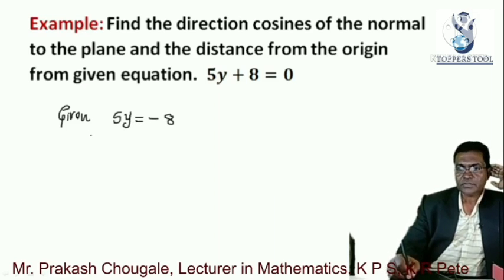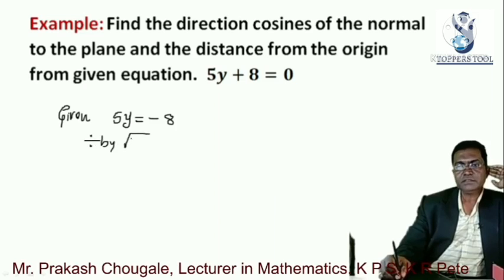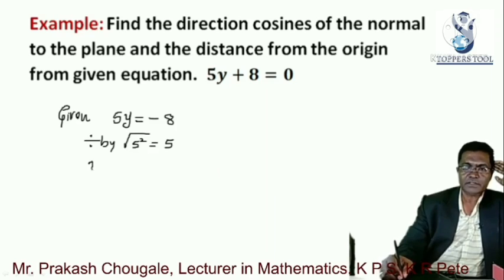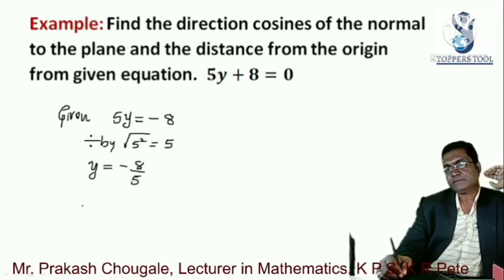Divide by the square root of 5 square, since there is only one term here. The square root of 5 square is 5. Dividing by 5, you will get y equal to minus 8 by 5.